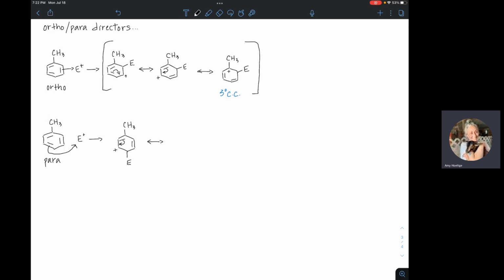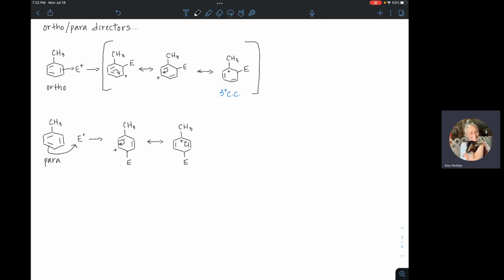This is all the in-between stuff where we're trying to rationalize why a group went where it went, right? So we draw all these resonance structures trying to say, well, we get these molecules in the lab, and we're just trying to figure out why. Like, why is this like 1% meta, mostly para with a little bit of ortho?